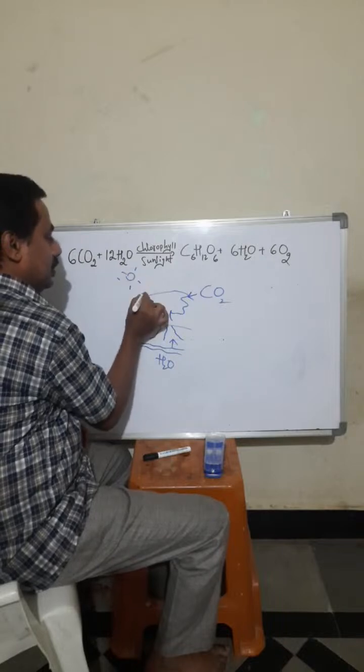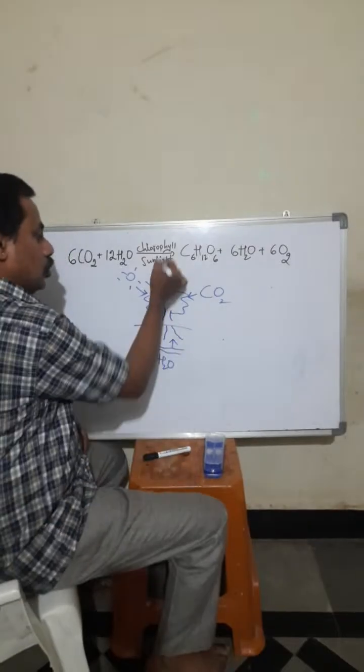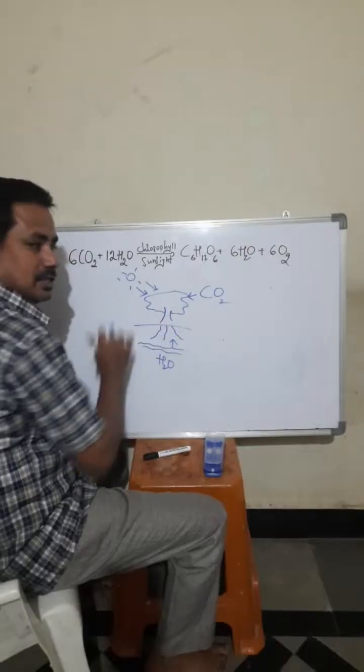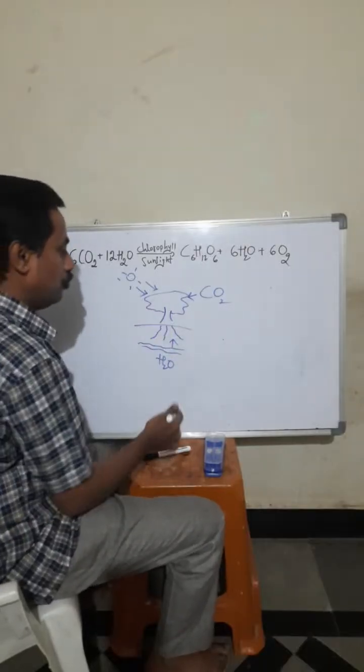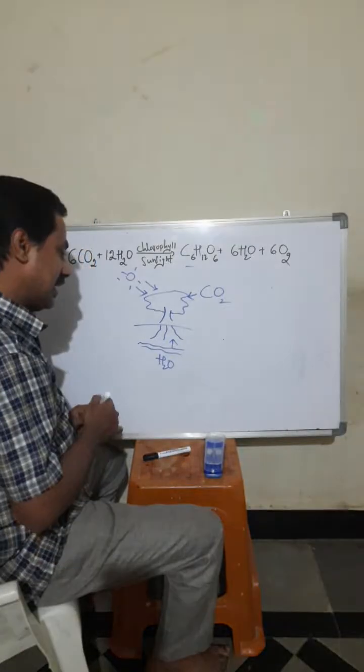Sunlight falls on the plant, and chlorophyll absorbs this sunlight. In the presence of carbon dioxide and water, they prepare their own food.